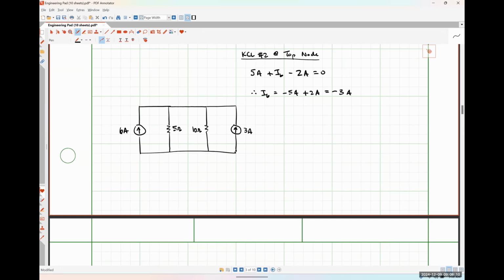And I want to find the power absorbed by the 5 ohm resistor. So if I'm trying to find the power absorbed by a 5 ohm resistor, what pieces of information might I need to use or need to find in order to do that? Let's start there.